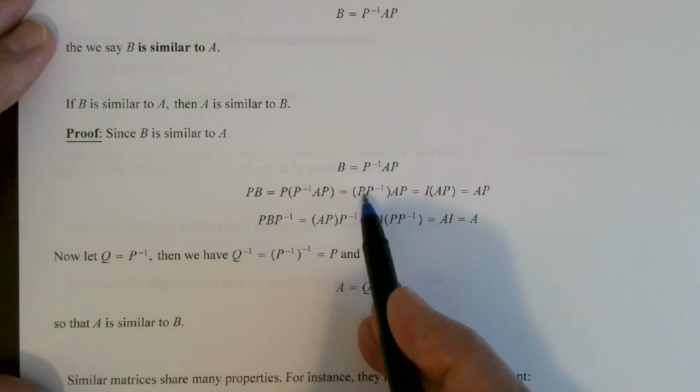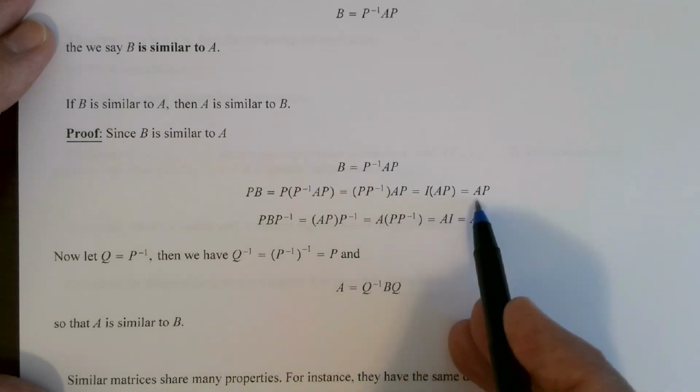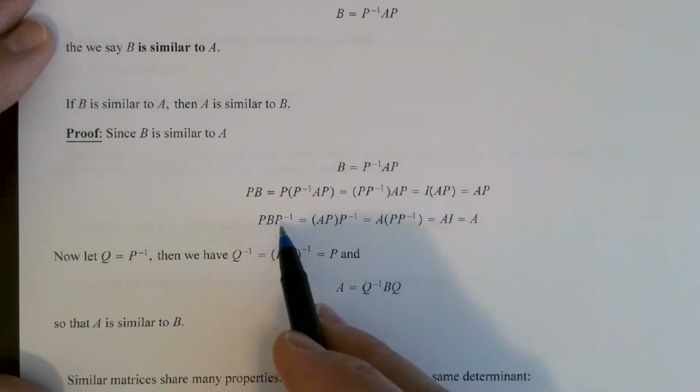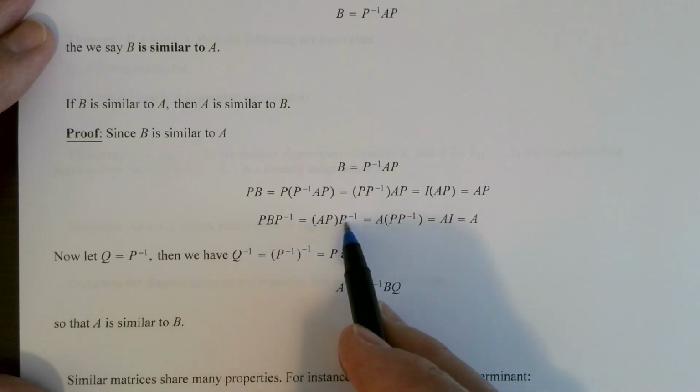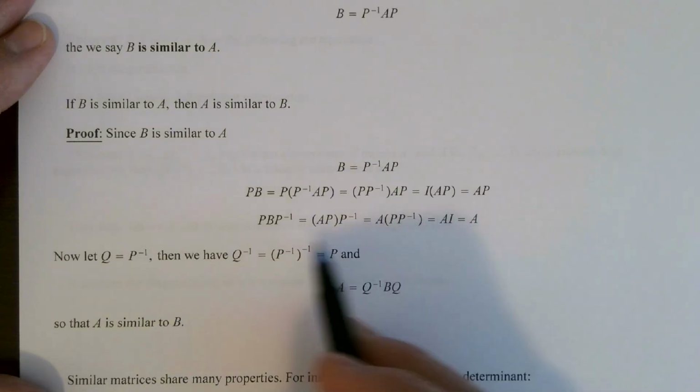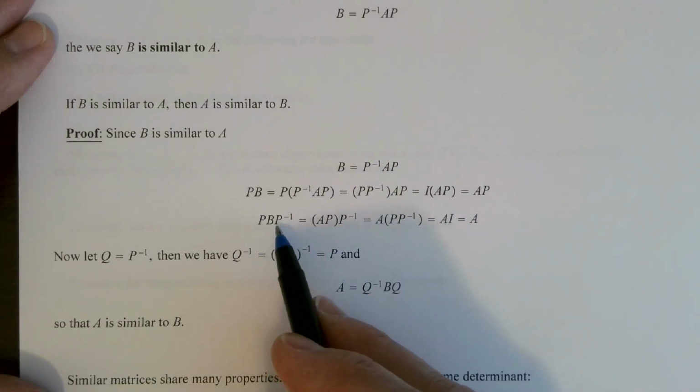The P inverse P becomes the identity, and I'm just left with AP. So PB equals AP. Now I'm going to multiply this equation on the right by P inverse. P inverse here, P inverse here. Here I'm going to manipulate this. P P inverse becomes the identity, and I just get A. So A is equal to P B P inverse.